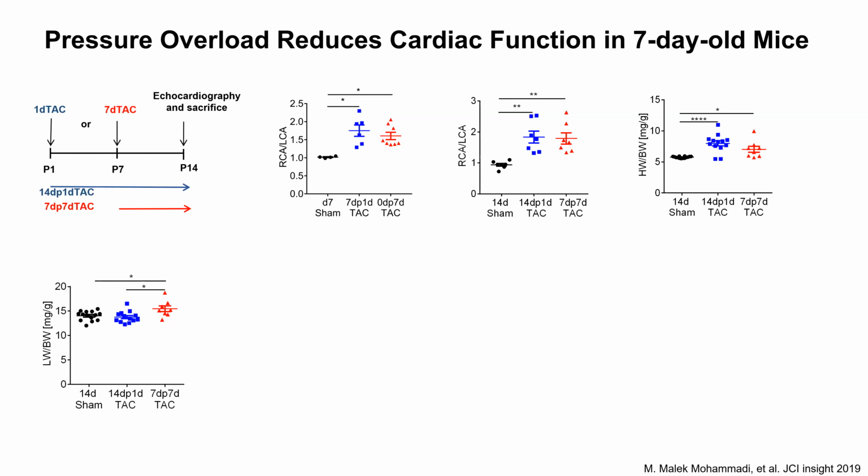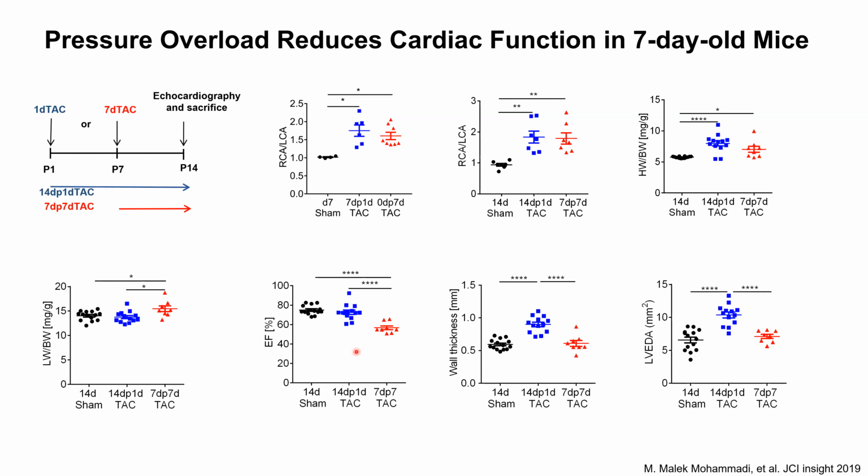This was further confirmed using echocardiography: even 7 days of pressure overload starting from the non-regeneration phase reduces cardiac function, or ejection fraction, in neonatal mice, but not 2 weeks starting from 1 day. And wall thickness was increased in this group, as well as left ventricular end-diastolic area.